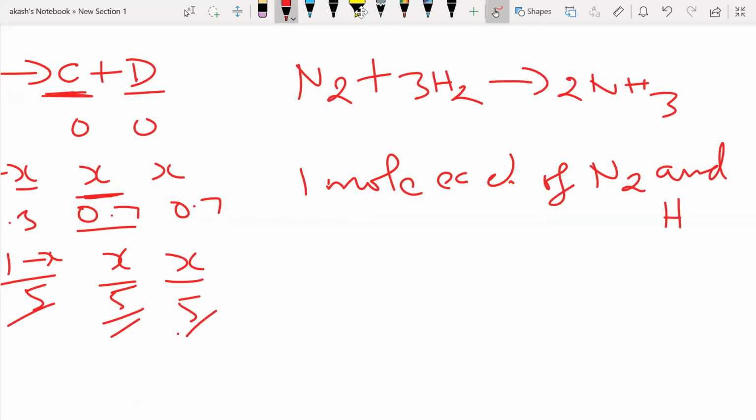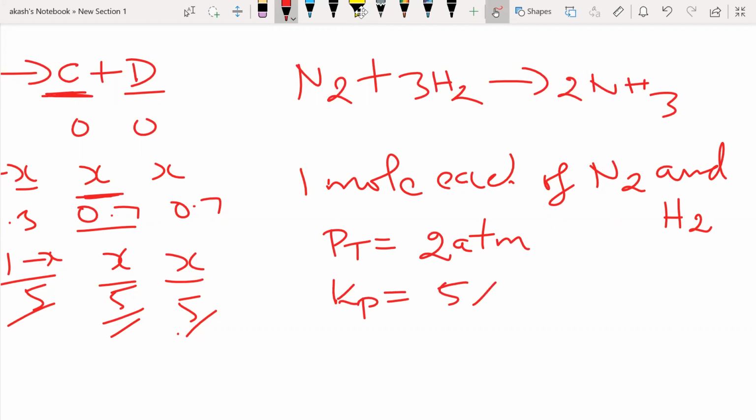And the total pressure of the container is maintained at 2 atm. After the equilibrium has been reached, they found that the Kp value was 5 into 10 to the power minus 2.